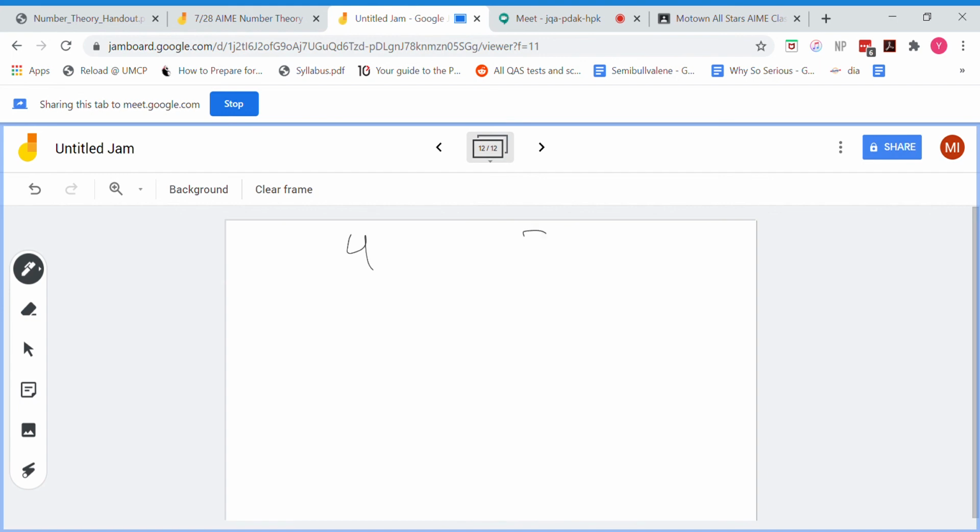The next case would be 4, 3. In this case, n plus 1 equals p squared, and then n equals either q cubed or q times r. So we can start counting here. If p equals 2, n plus 1 equals 4, n equals 3.